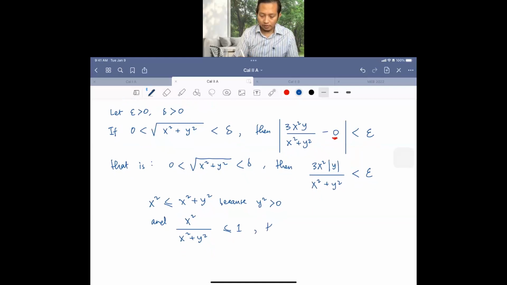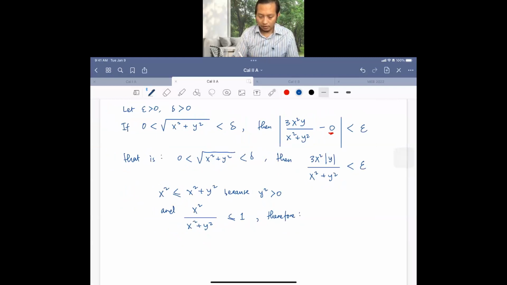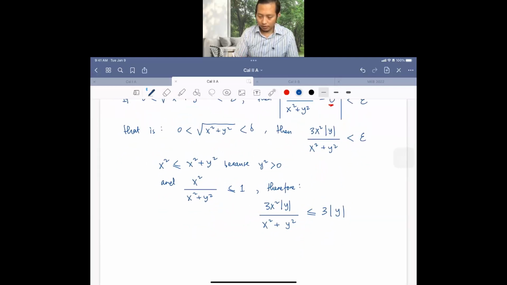So therefore, this should be less than or equal to 3y. Or we can write y in terms of the square root of y squared, and we know that this is less than or equal to x squared plus y squared.